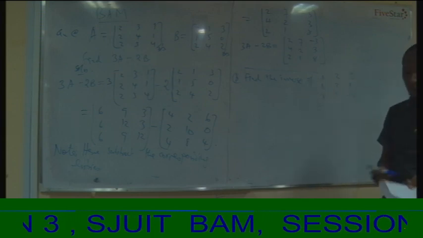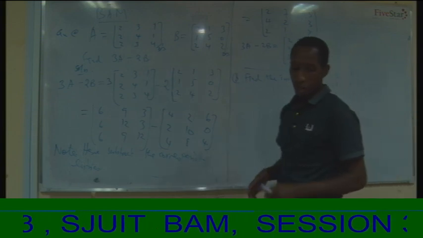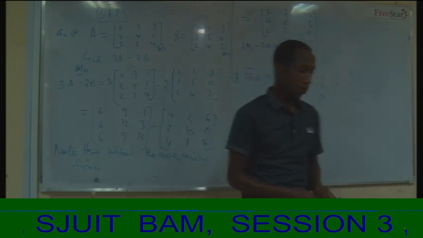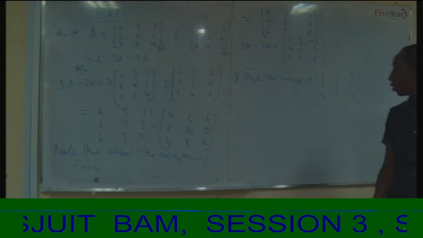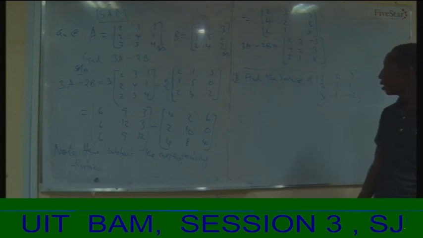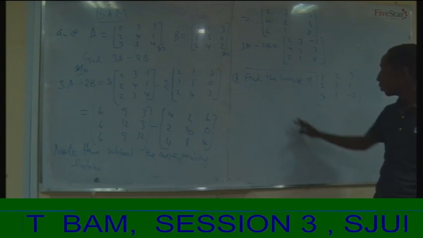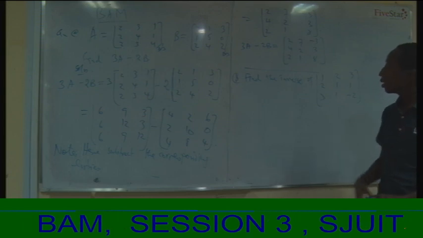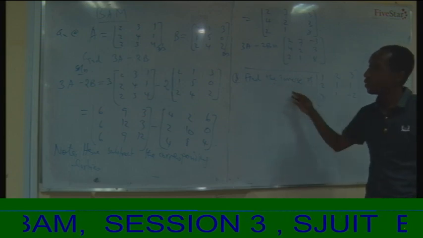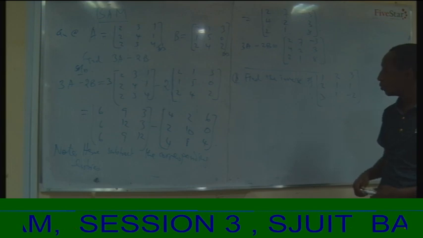We need to find the inverse of this matrix. To find the inverse of a 3 by 3 matrix, we need to do a couple of things. But I like finding the inverse of a 2 by 2 matrix, which is simple.